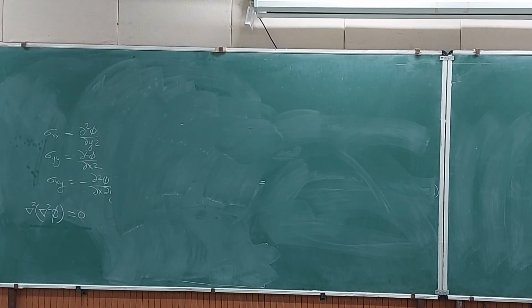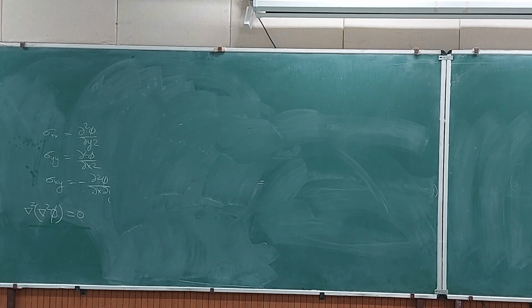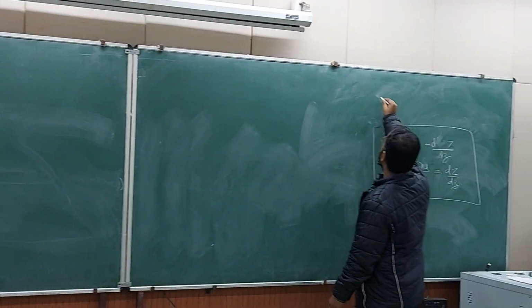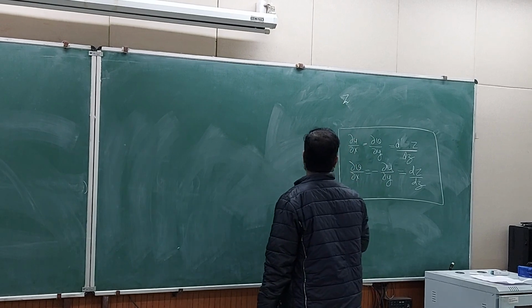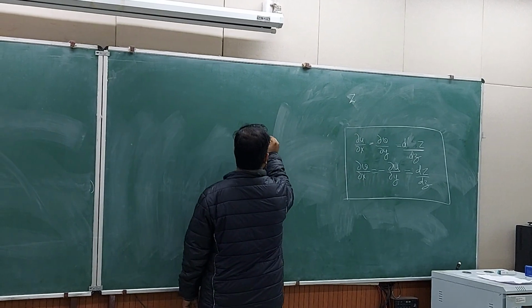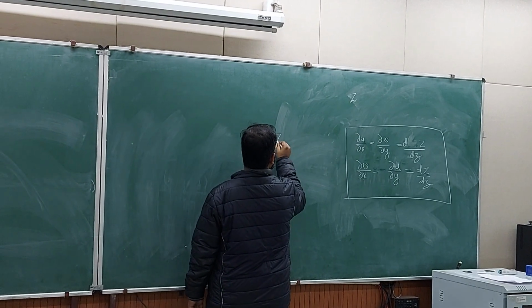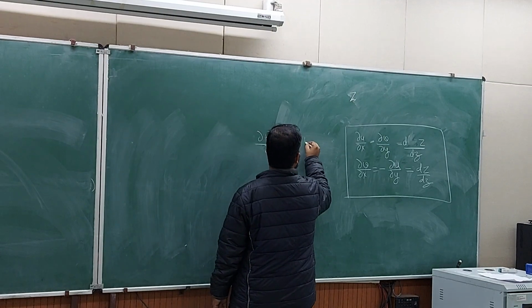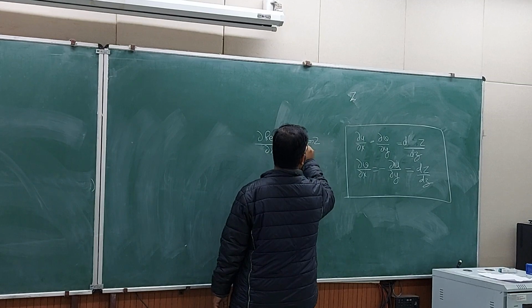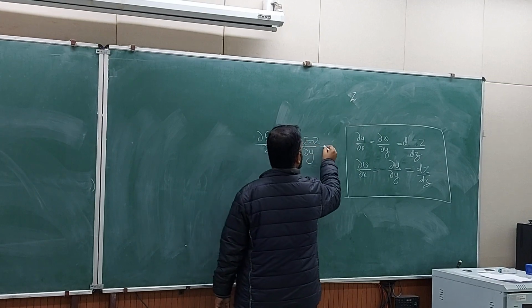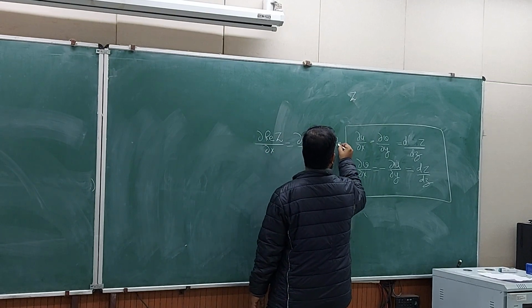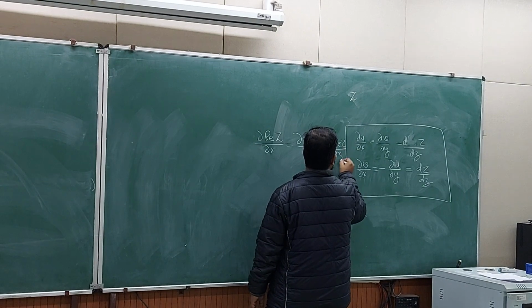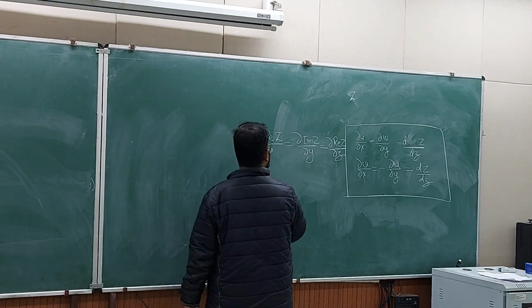So if we need to write it in the form of the function z, then I can write it as del of real part of z by del x will be equal to del of imaginary part of z by del y, and that will be equal to del of real part of z by del z. The first one.